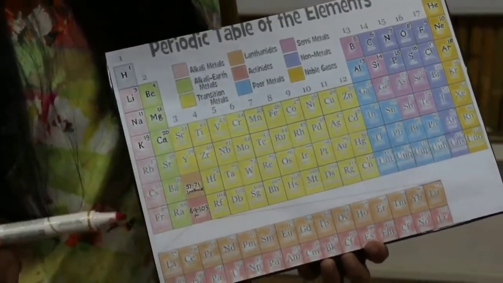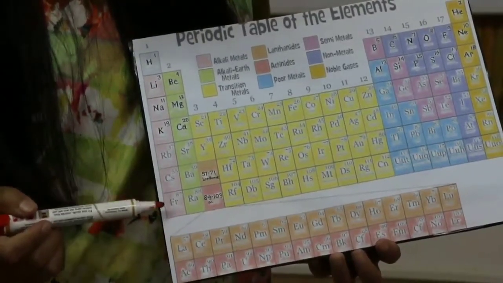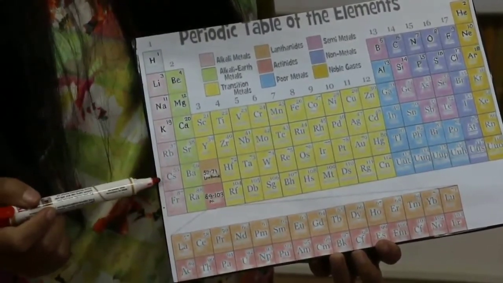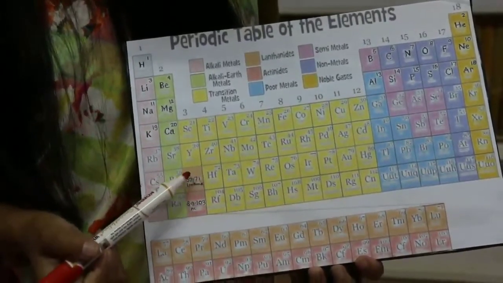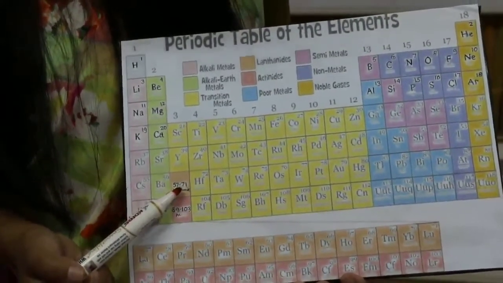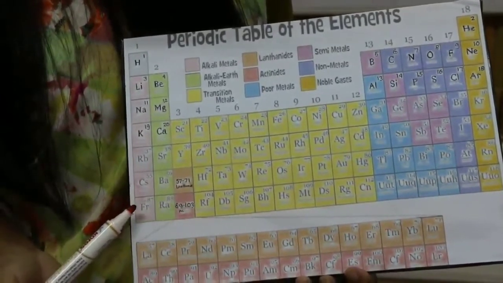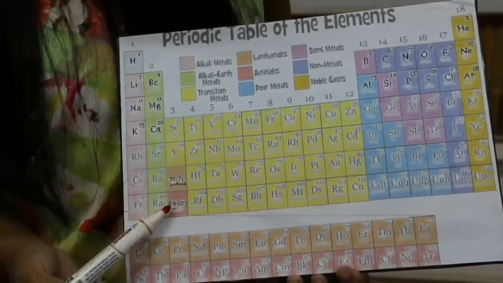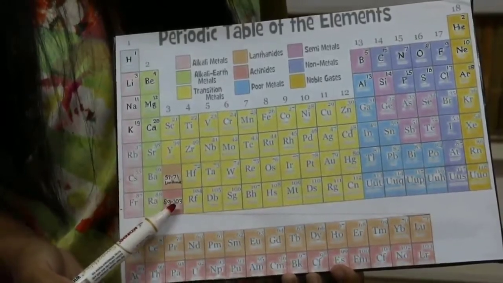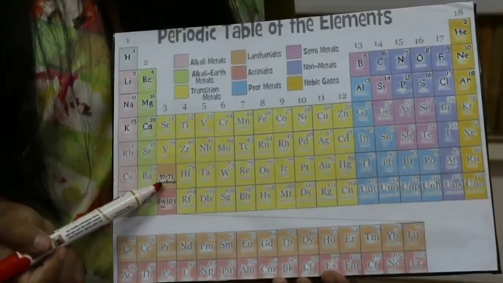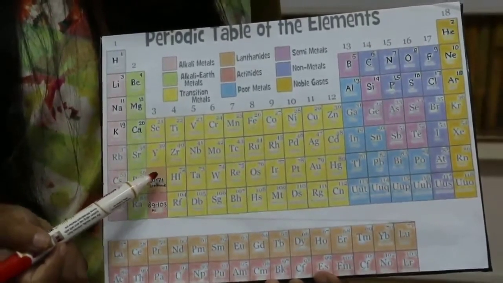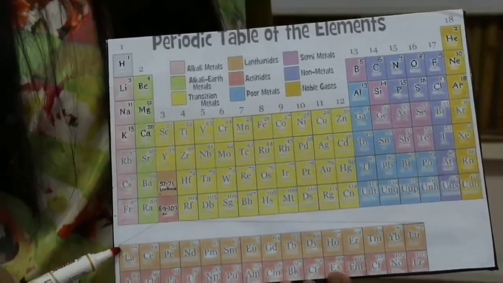So again, if you concentrate on period 6 and period 7, when you look at period 6, there is one element here with atomic number from 57 to 71, and in period 7, atomic number from 89 to 103. So the elements lying in this column are put outside the periodic table.